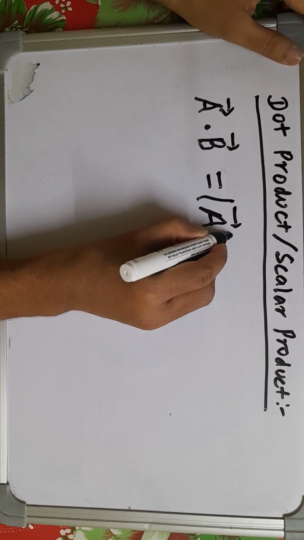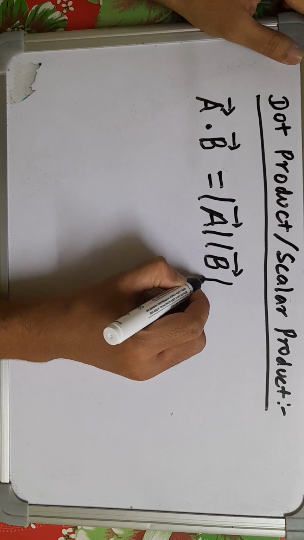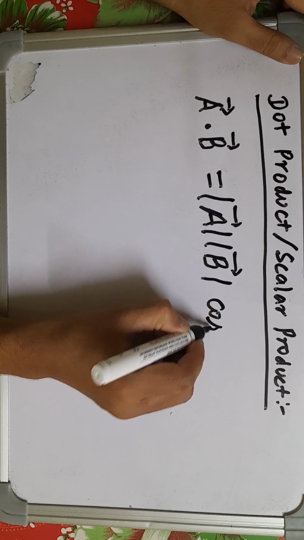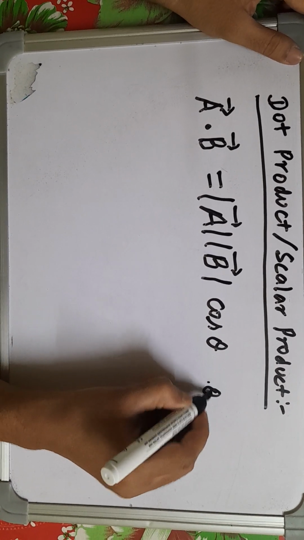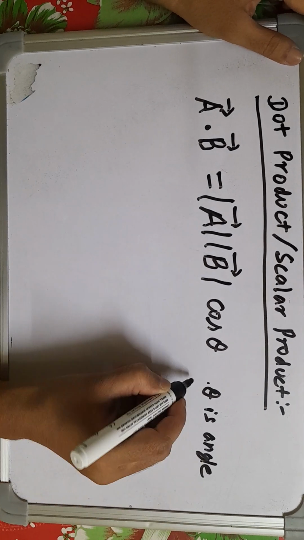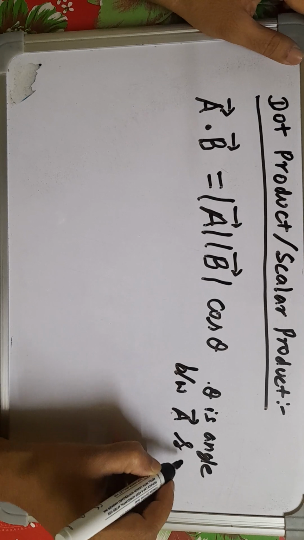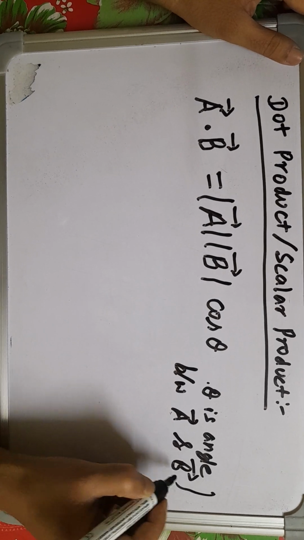A vector का magnitude, b vector का magnitude, and cos of theta, whereas theta is the angle between a vector and b vector.